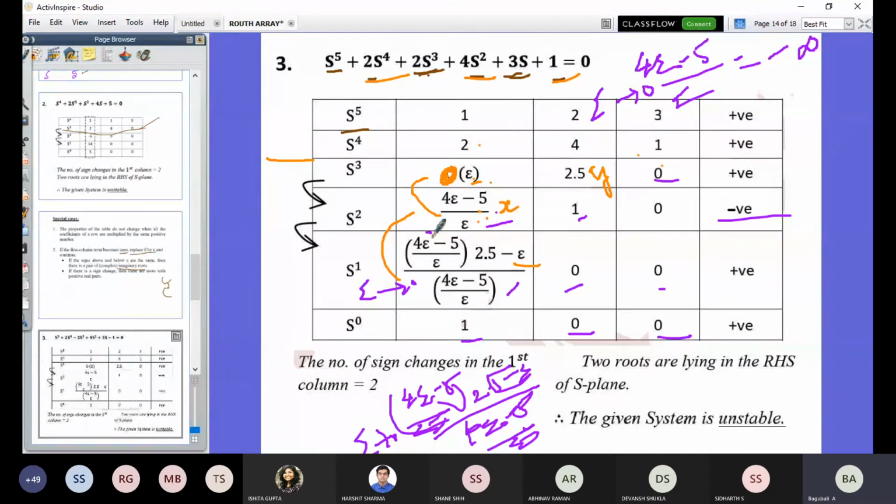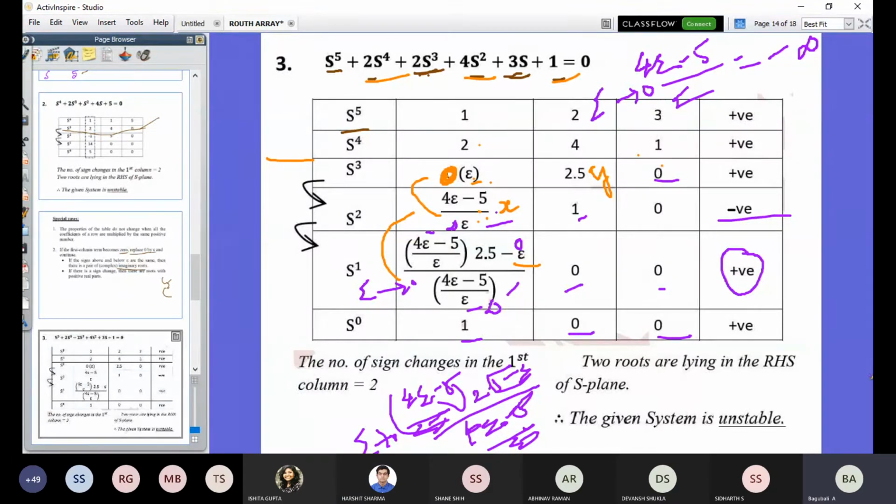This already we have minus infinity. Here also we have minus infinity. Then here it should come for 0. So minus infinity divided by minus infinity, minus minus cancel, we will get a positive answer.